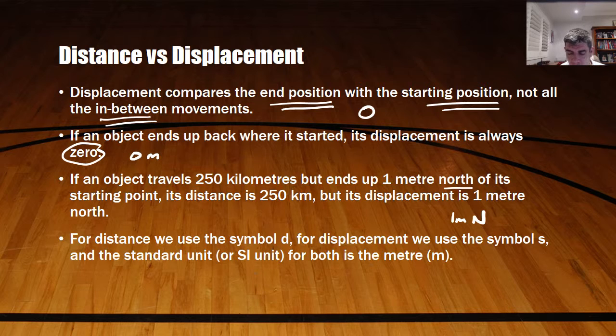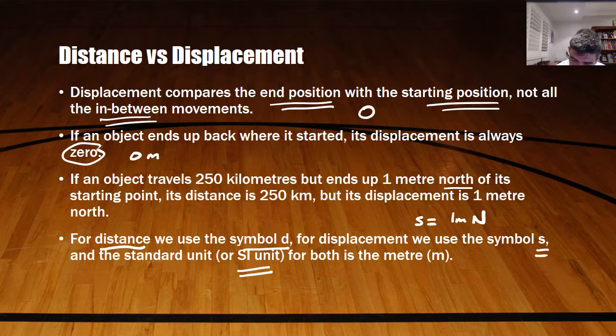The symbol for displacement is an s, I guess the only sensible reason being that distance already has the symbol d. So in this case, we would say s equals 1 meter north. Now, I know this is going to start getting a little bit messy when we start talking about speed as well, so we'll try and make sure that we keep these units consistent.